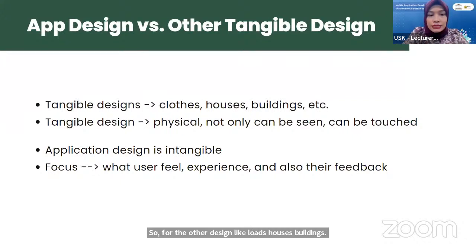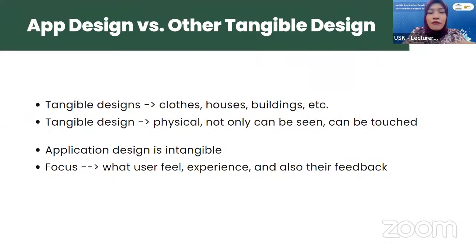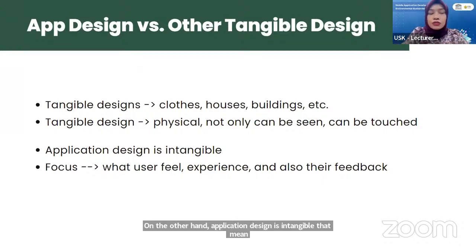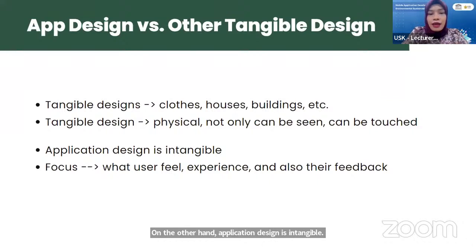Tangible design is in a physical form, so it can not only be seen, but can be touched. On the other hand, application design is intangible. That means we focus on what the user feels and experiences, and also their feedback when using our application. So that is the application design.